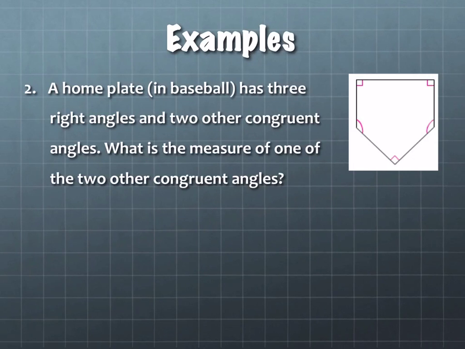Okay, here is an application of this. So we've got a figure. What is this shape? It's a pentagon. Okay, so the directions say a home plate in baseball has 3 right angles, they're marked there, and 2 other congruent angles. What is the measure of one of the 2 other congruent angles?